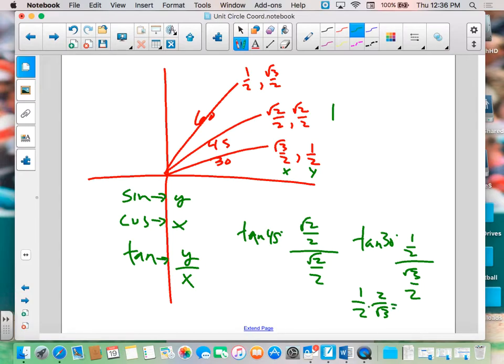You're going to see that you get 2 over 2 root 3. The 2's cancel, and you get 1 over root 3. Well, you can't keep your answer like that, so it's going to be root 3 over 3. And you could memorize these. The tangent of 60 is going to be the reciprocal of 1 over root 3, which is root 3.